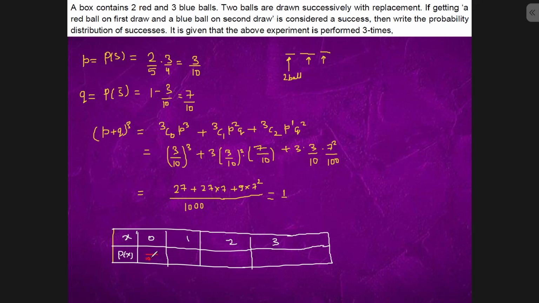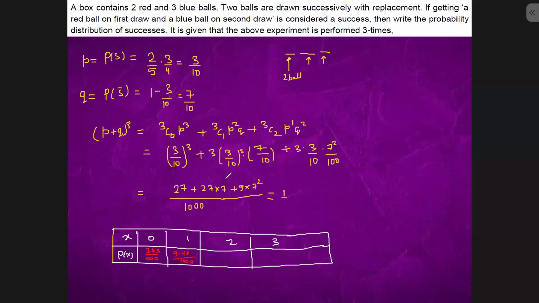So this is 343 upon 1000. 7 cube is 343. For 1 success, it is 3 into 9 by 10, 9 into 49, so this is the value: 9 into 49 upon 1000.